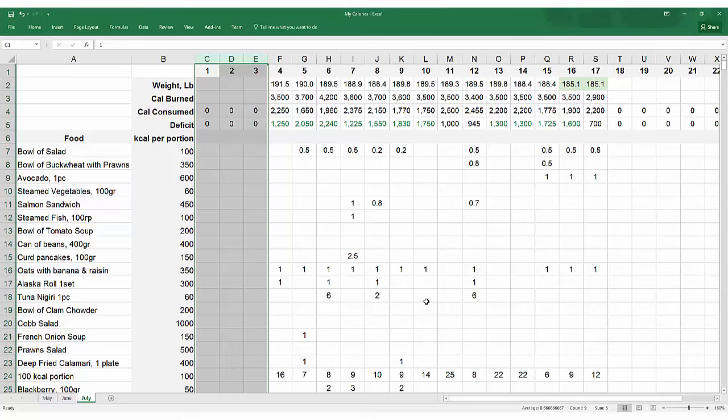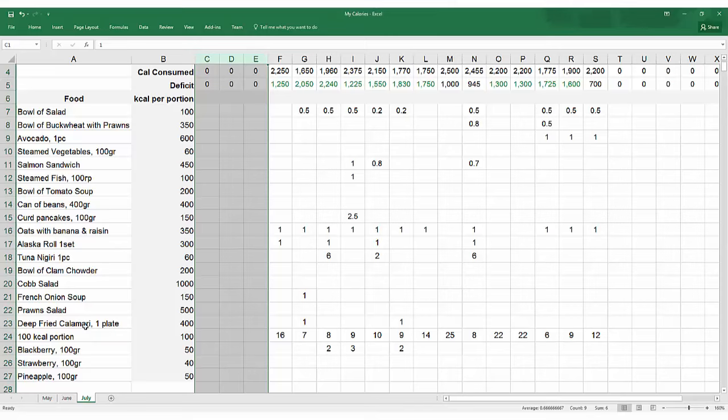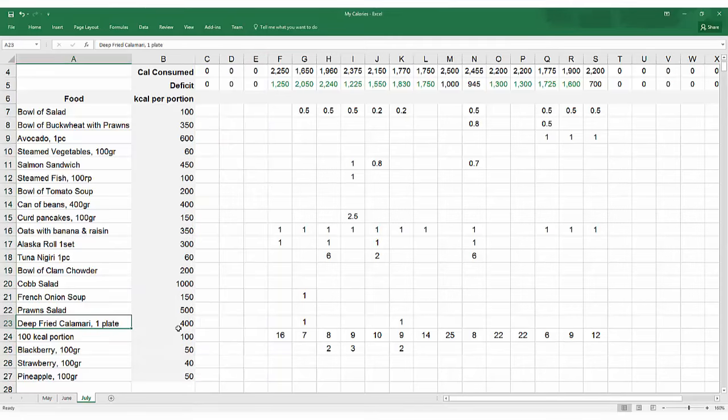And there is one more thing which I want to show you here. Let's check out this food here, for example, deep fried calamari. Not the most healthy option for you to eat. Well, it's not super bad, but it's not super good. There is a lot of saturated fat in whatever is deep fried, and there is a lot of calories. But I'm still eating those sometimes because I'm not cutting all the food that I love from my diet.